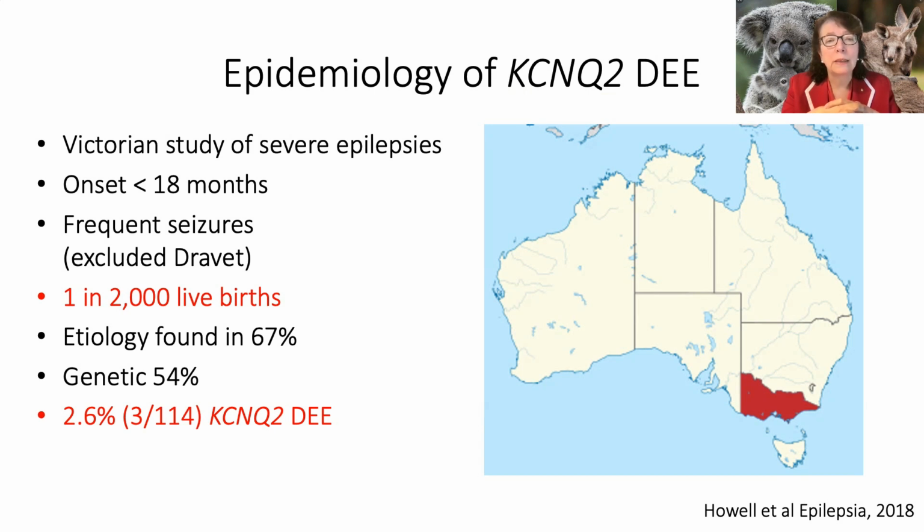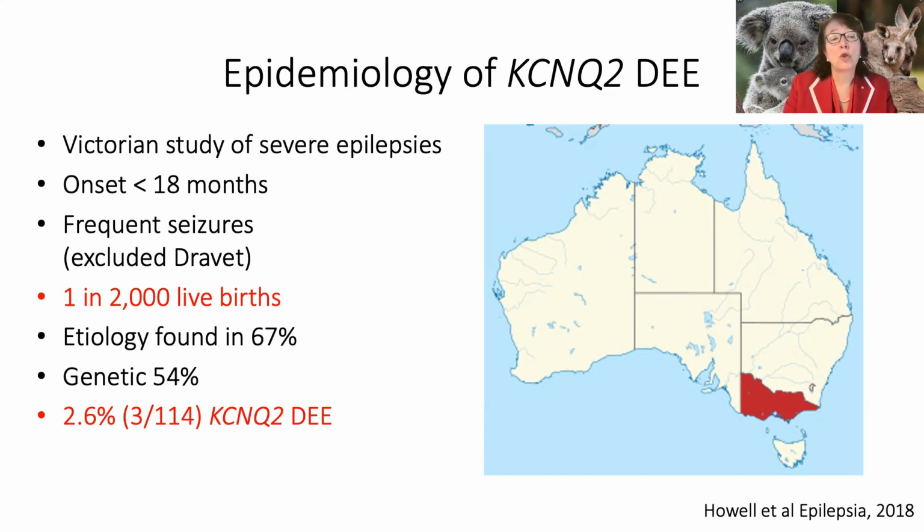What we got, though, was an incidence of 1 in 2,000 live births for this group of diseases, which is quite scary when you think how frequent that is. And if you do include the older developmental and epileptic encephalopathies, such as Dravet or Lennox-Gastaut, etc., it's probably really double that. We found the cause in about 67% of the patients, and more than half had a genetic cause.